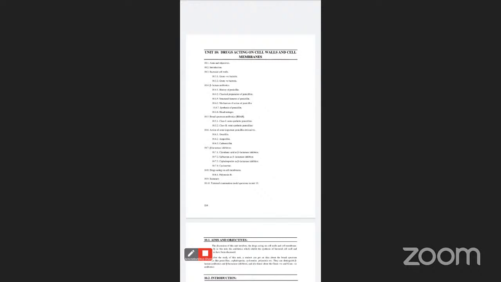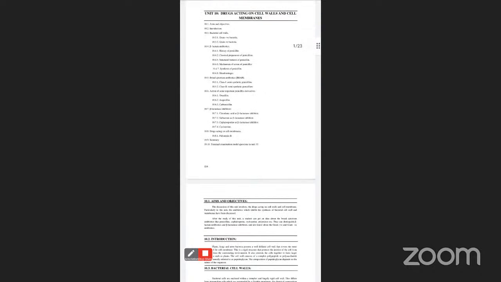The cell membrane is a thin layer present inside the cell. So these are the cell wall and cell membrane, the outside materials which protect your cell.